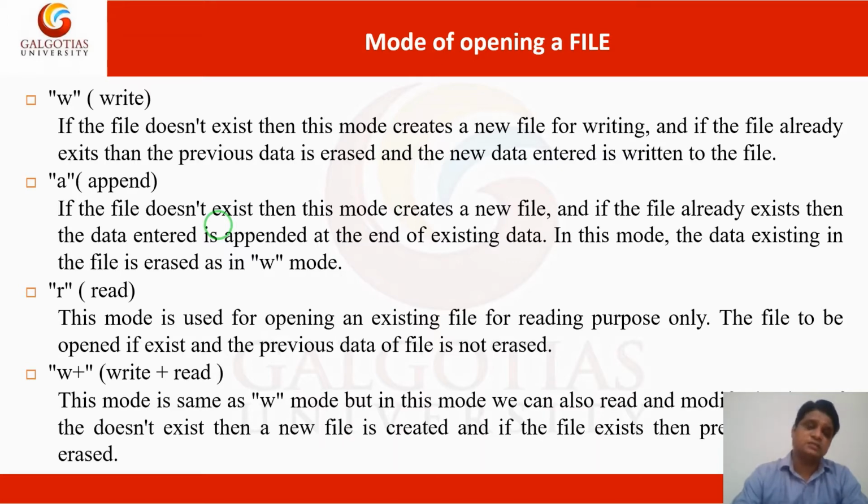If the file does not exist in the system, then this file will first be created and the data will be entered by the file pointer operation. But the important point is that if any previous data is located in the file, then it will be erased and the new data entered into the file.